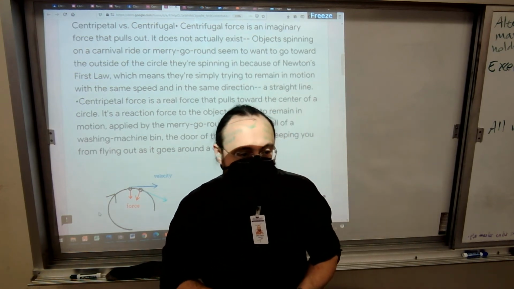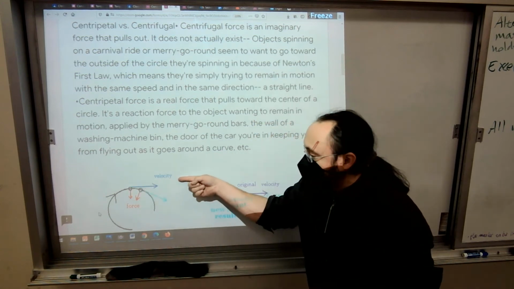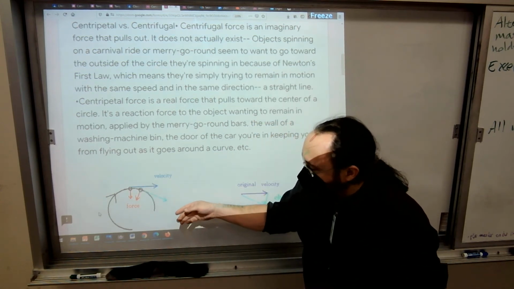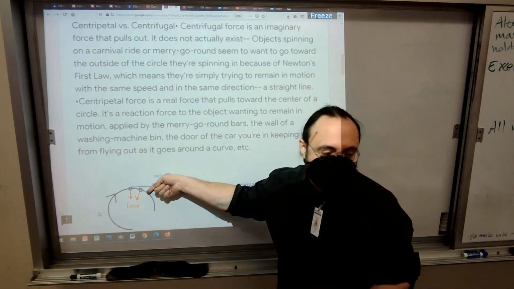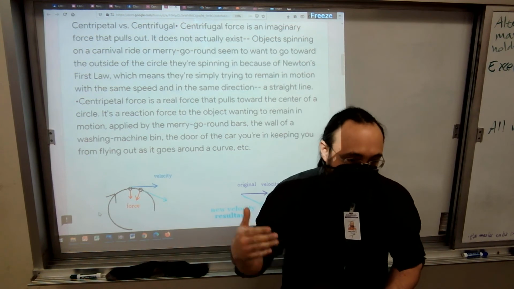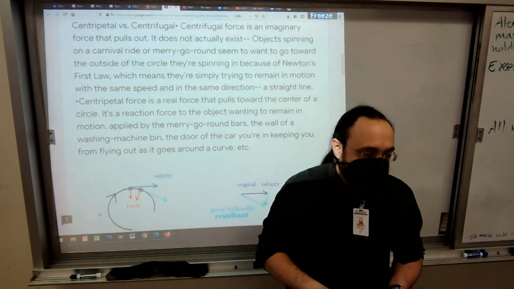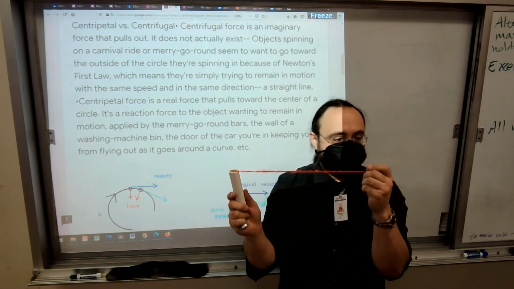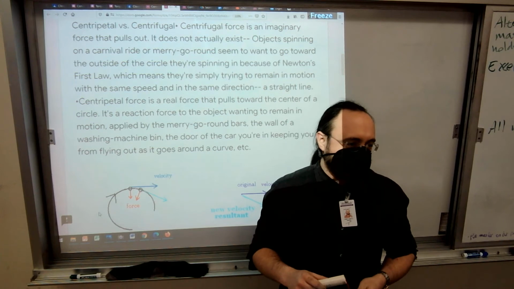If that ride were accelerating, it's accelerating you in this straight line. What you feel is, since it's accelerating you so fast out, the wall has to push really hard to keep you in. But that is what the wall is doing. It's keeping you in. It's pushing toward the center of the circle. If that wall weren't there, you would fly out at a line tangent to the circle, wherever you were in the circle at that time.